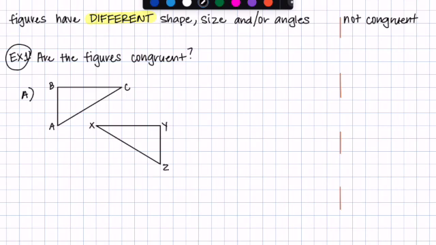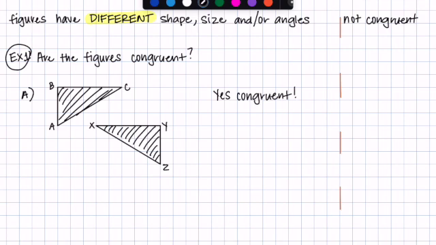We're going to see, are these congruent or not? Remember, congruent means the same size, same shape, and the same angles. Obviously, they're both triangles, so we can see that. If we counted our boxes to see what the lengths of those sides are, they're actually the same, even though one is flipped the other direction. So we're going to say, yes, these are congruent.